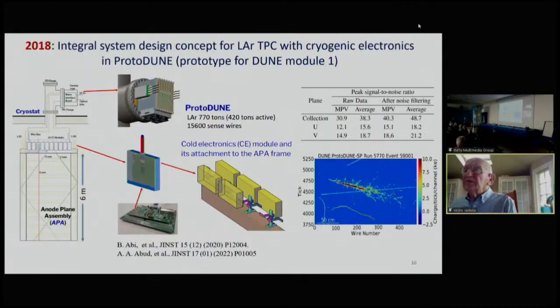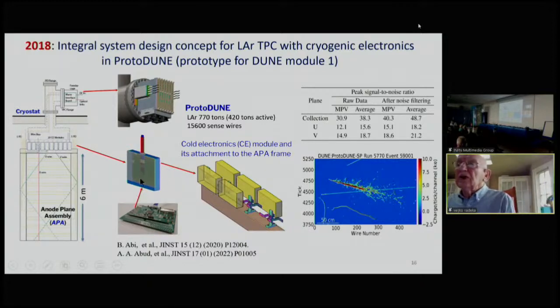Going from that toward DUNE, in 2018, the prototype for the DUNE electrodes and readout was completed with anode plane assembly with 6 meter long anode wires and 7.5 meter long induction wires, with cryogenic electronics right where the wires were terminated.